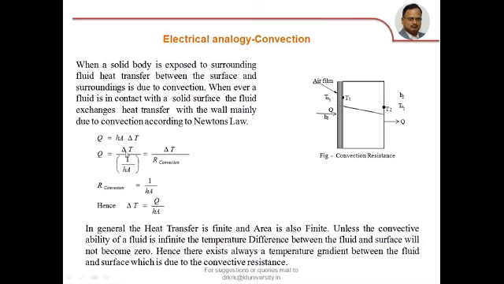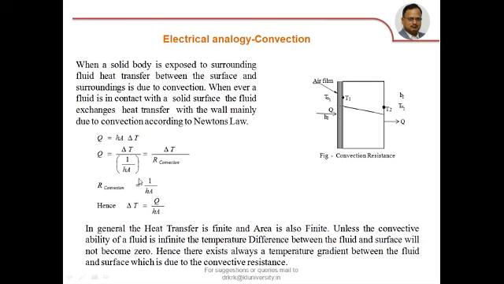So Q is equal to delta T by 1 by hA, which is also equal to delta T by R convection. Hence, the value of R convection is equal to 1 by hA.